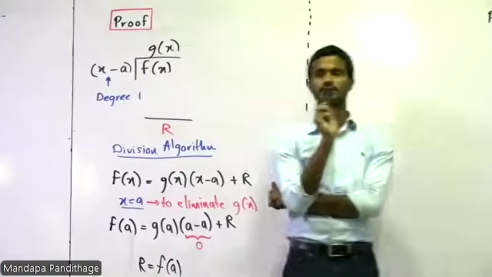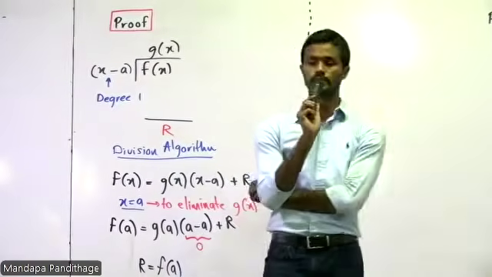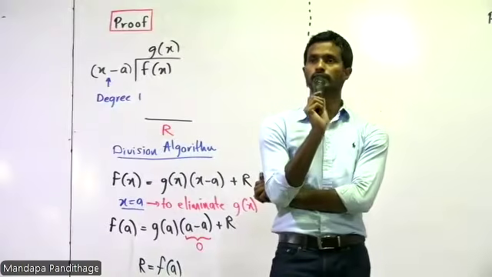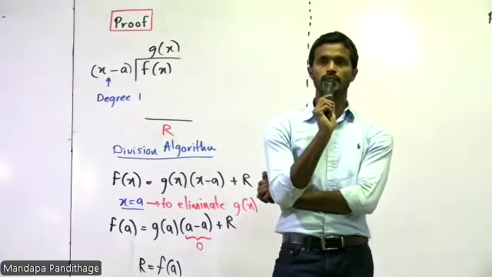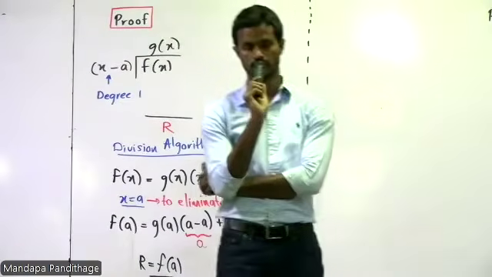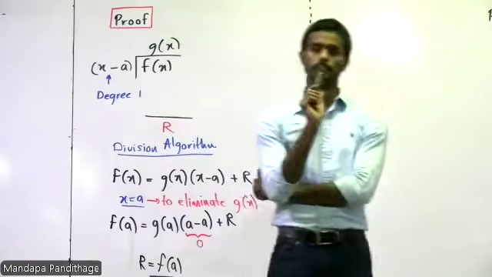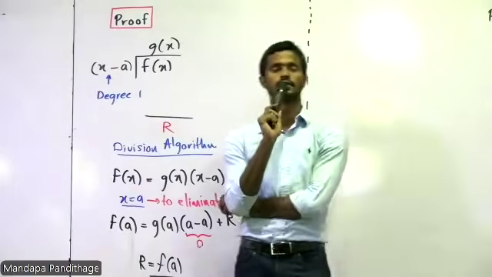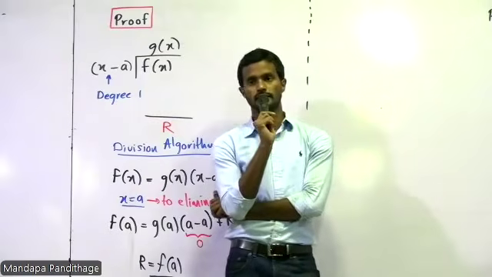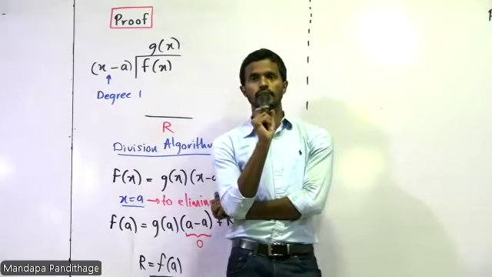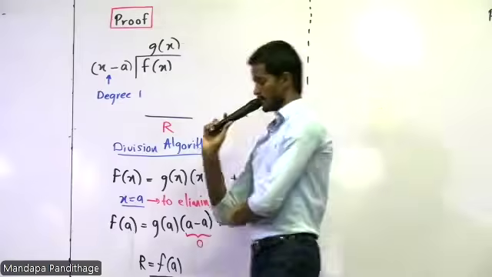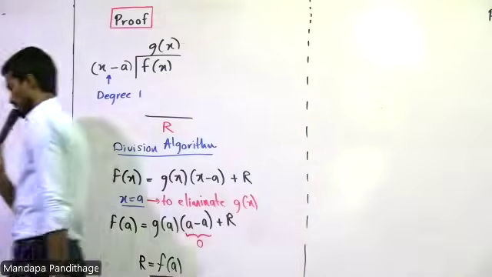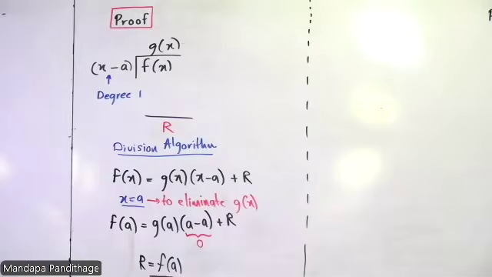When an expression or a number is divided by a factor, the remainder is 0.